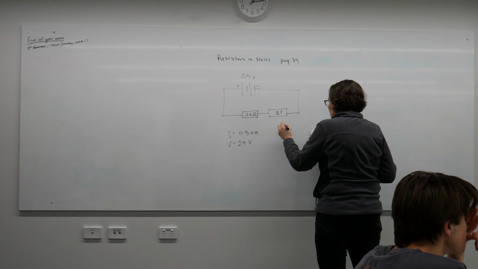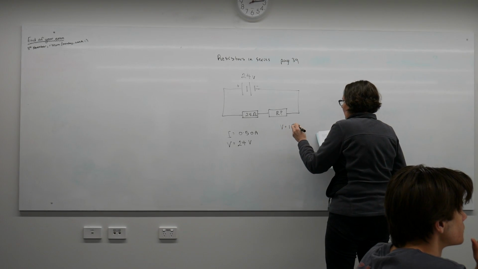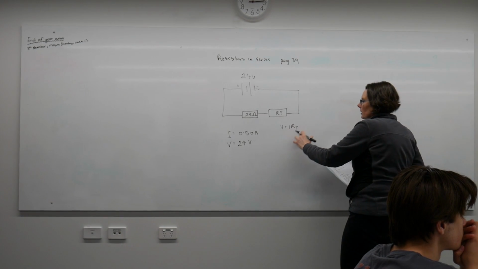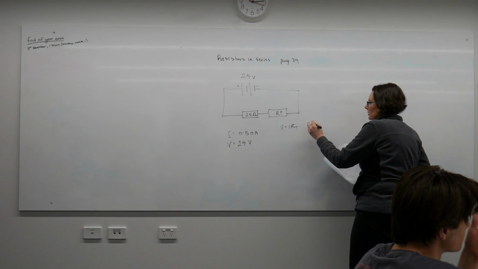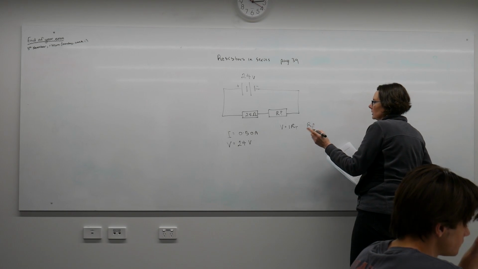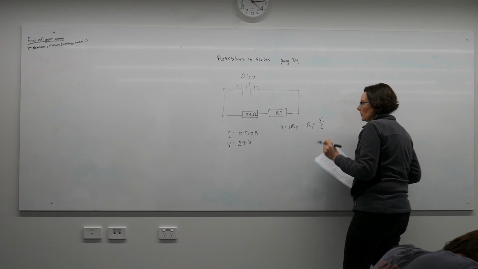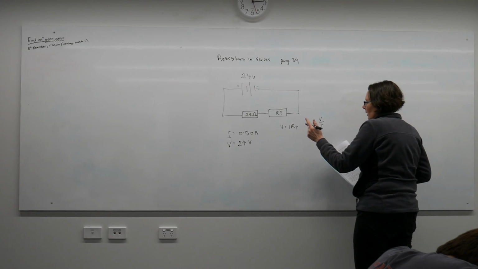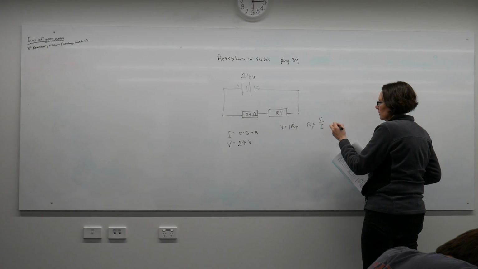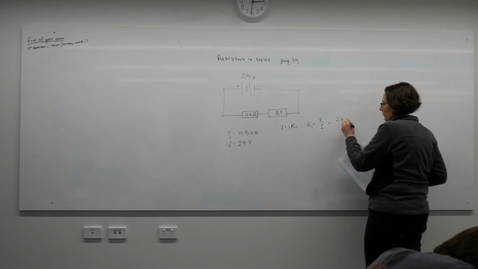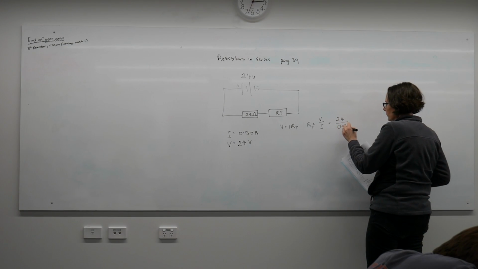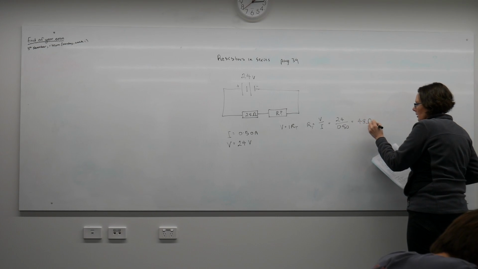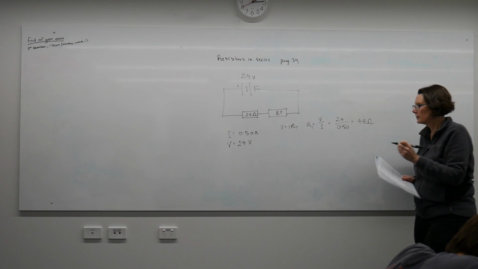Now, if V equals IR, and this is the total resistance, then we can rearrange this to see that the total resistance is equal to the voltage divided by the current. So if we substitute in our voltage, 24 divided by 0.5 is going to give us 48 ohms for our total resistance.